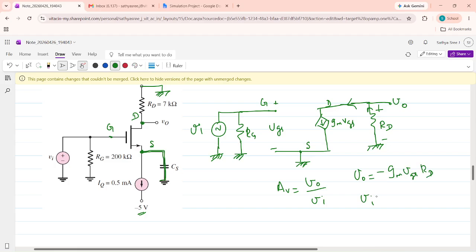Now what is Vi? Vi is equal to VGS because they are connected to the same nodes; the source is grounded and this is the same node. So the voltage gain is minus gm VGS RD divided by VGS. VGS cancels, so the voltage gain is minus gm RD.